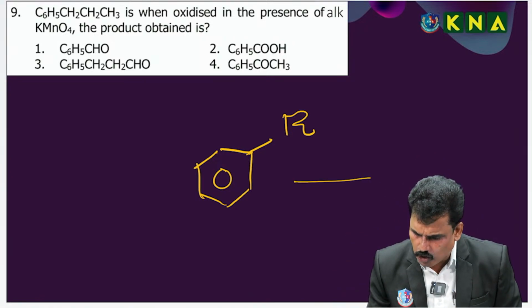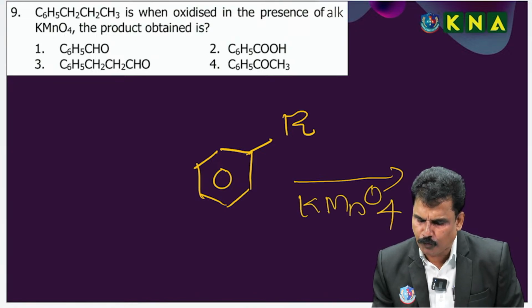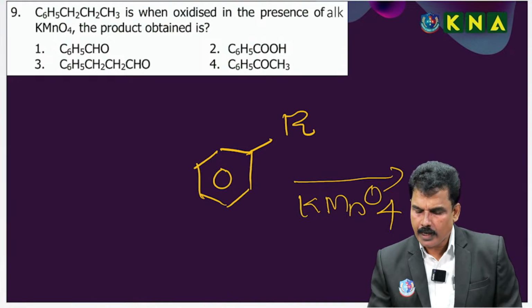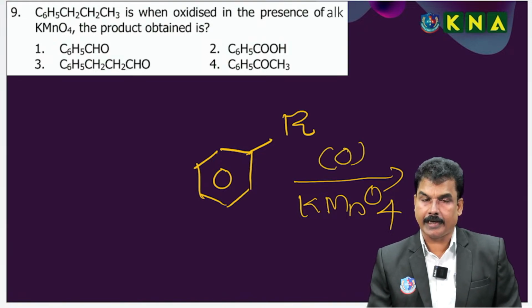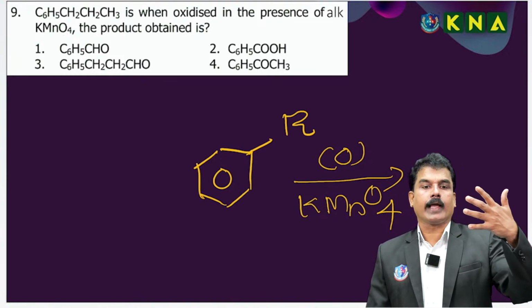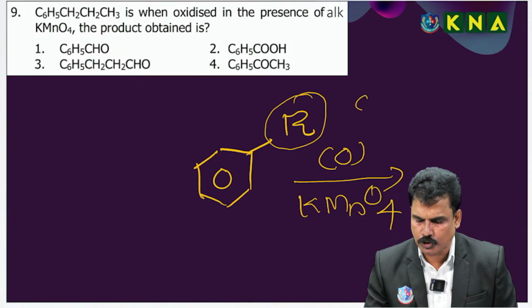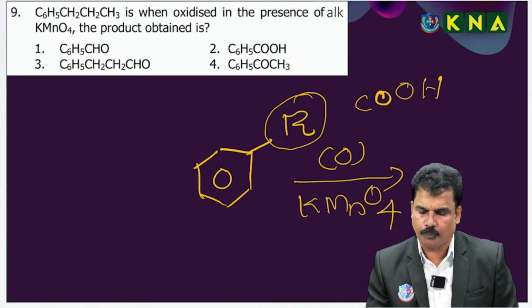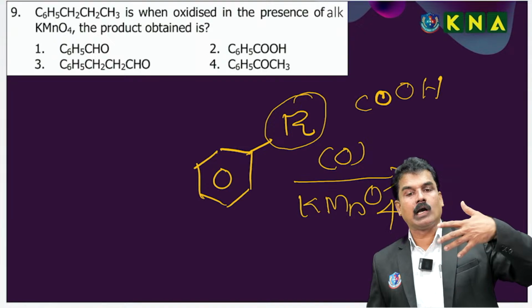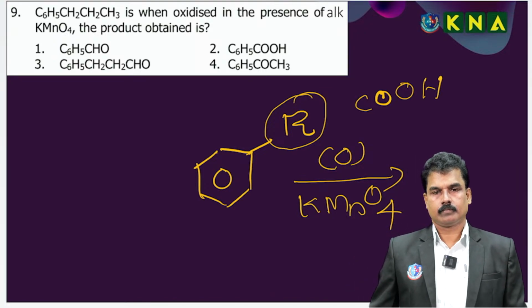When we are conducting oxidation with KMnO4, alkaline KMnO4 or acidified KMnO4, it is a powerful oxidizing agent. When we add KMnO4 to any alkyl benzene, this alkyl group is completely oxidized into which group? The COOH group. The remaining carbons will all be converted into carbon dioxide and water.